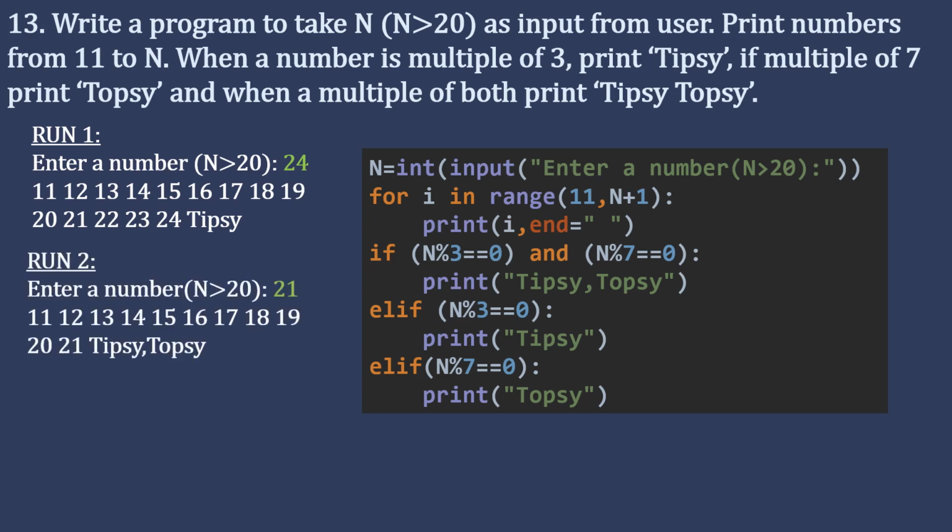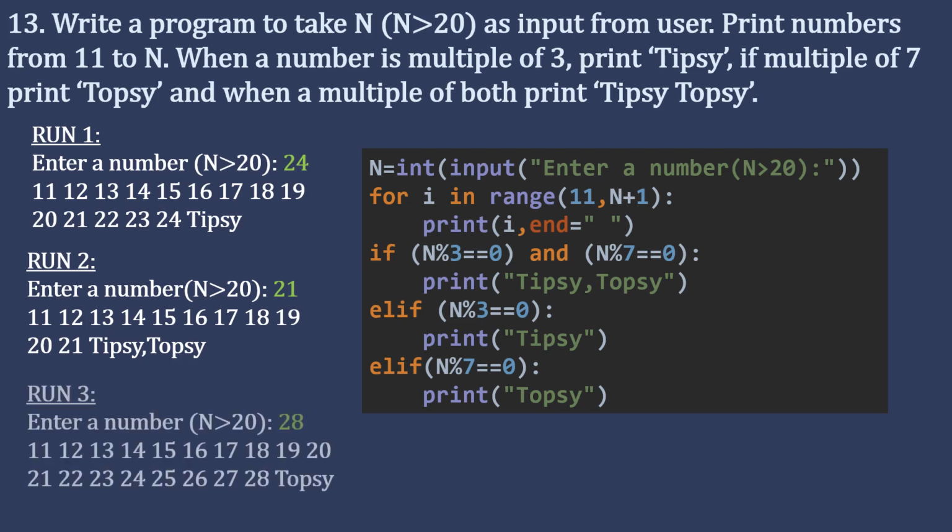Now in the second run, let's say the number entered is 21, and it will print all the numbers from 11 to 21. And this time it will print tipsy topsy. Why? Because 21 is divisible by both 3 and 7. In the third run, if you enter the number 28, then it will print all the numbers from 11 to 28, and it will print topsy as 28 is only divisible by 7.